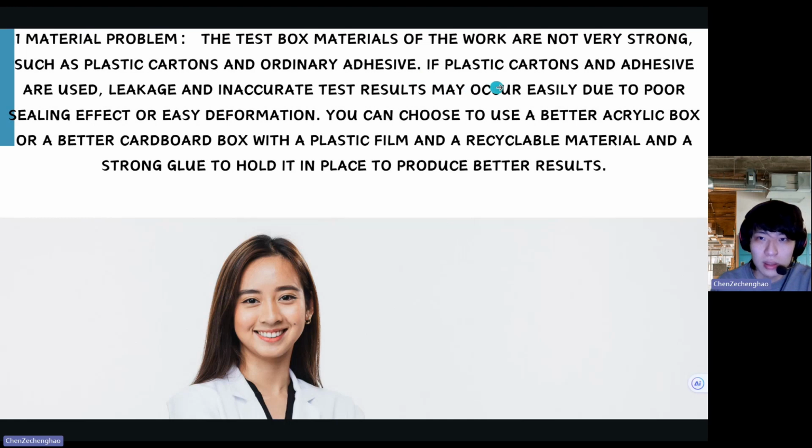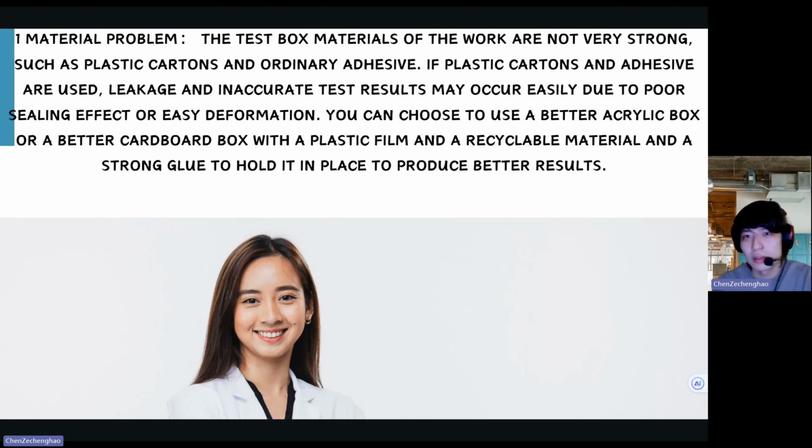If plastic, cartons, and adhesive are used, leakage and inaccurate test results may occur easily due to poor sealing efficacy or deformation.